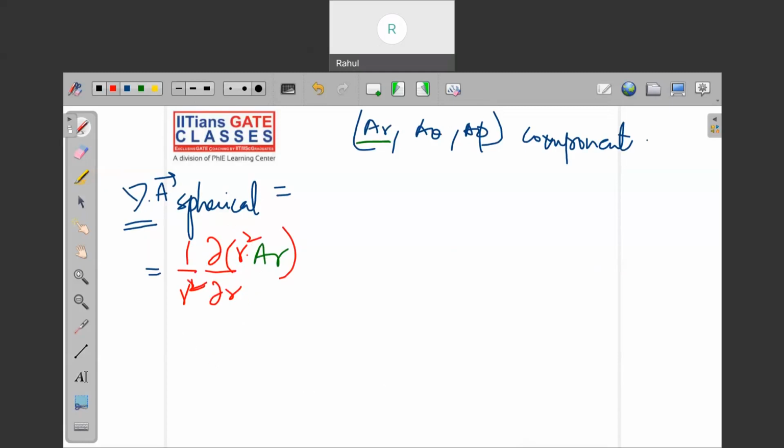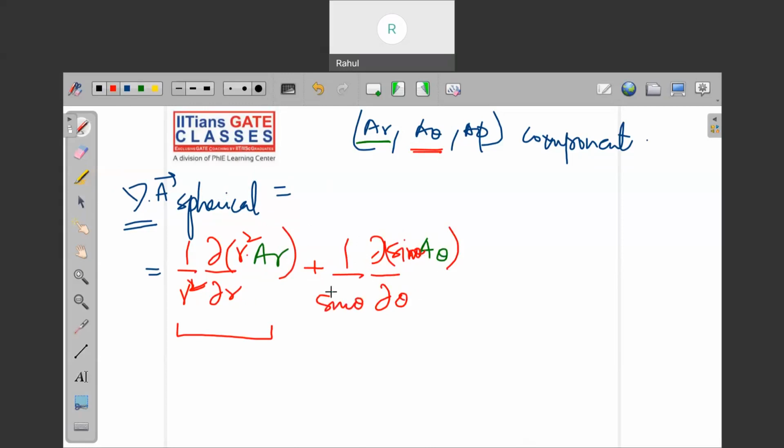The first term, plus, the theta component is there. So take A theta, multiply with sine theta, keep the bracket, and d theta, and whatever multiplication you have done with the component, just divide it, 1 by sine theta.